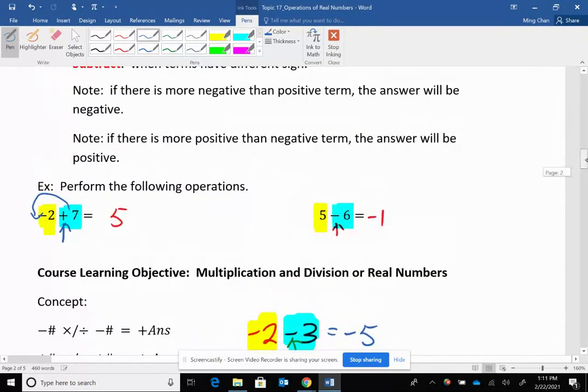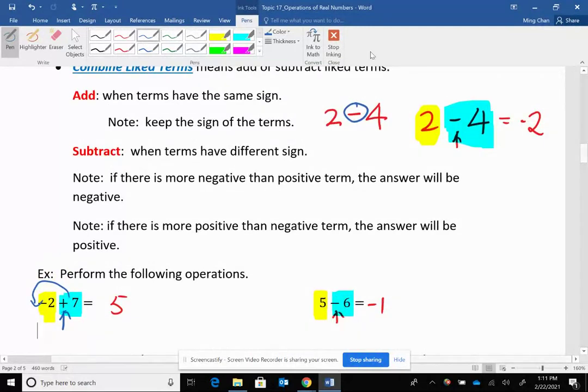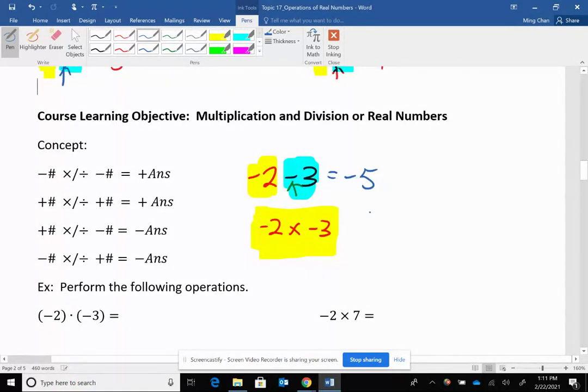That's what this right here is saying: keep the signs of the terms. Terms, plural. Negative 2 times negative 3 is only one term, not plural. So a negative number times a negative number will give me a positive answer, positive 6. There you go.